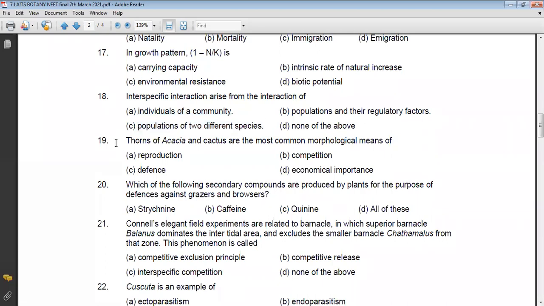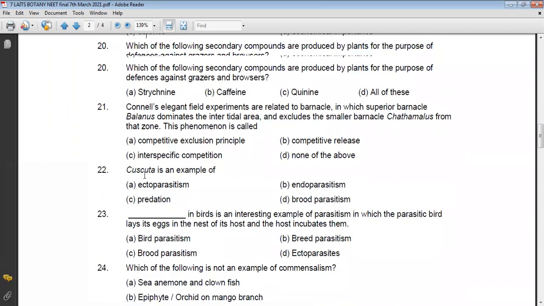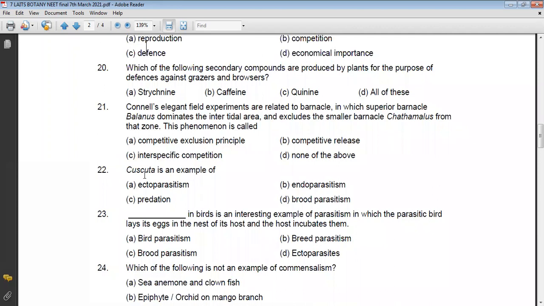Question number 19. Thorns of acacia and cactus are the most common morphological means of defense mechanism. Okay, so thorns are for defense purpose. Next question: which of the following secondary compounds are produced by plants for the purpose of defense against grazers and browsers?